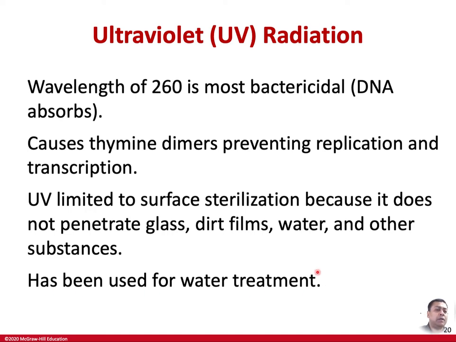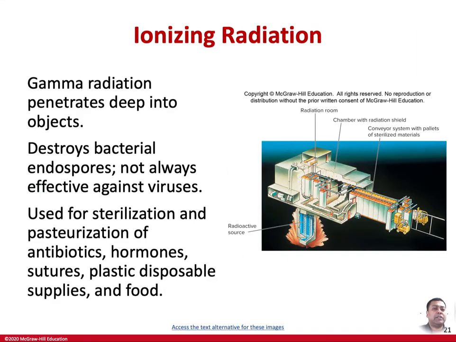This is usually made with UV-penetrant glass or plastic through which the UV can pass into the water. A thin stream of water is passed through, and as the water passes through that thin stream, the ultraviolet can kill the microorganisms present. So these are some of the applications of ultraviolet radiation.